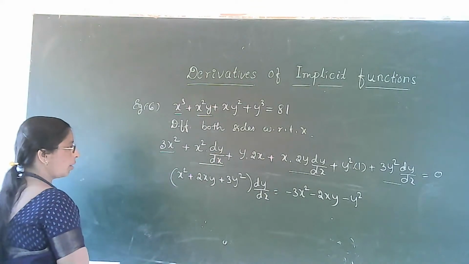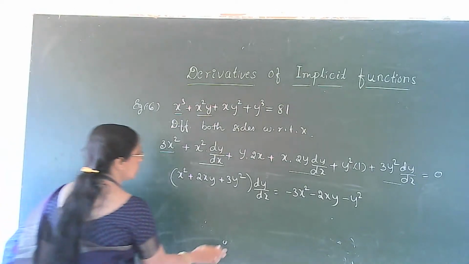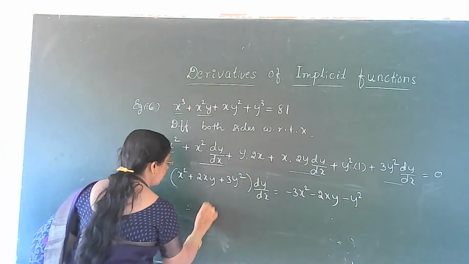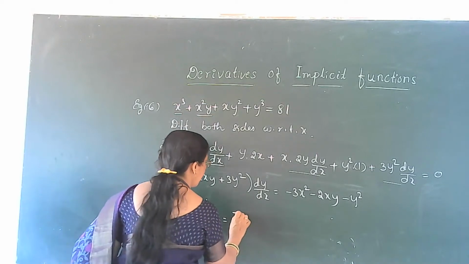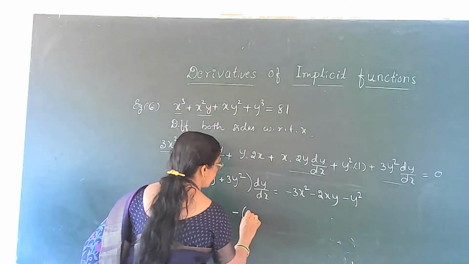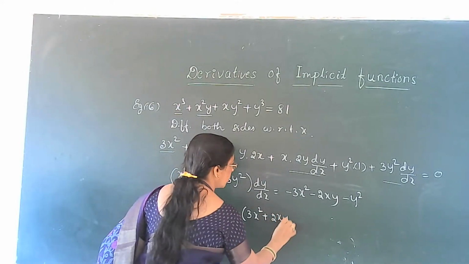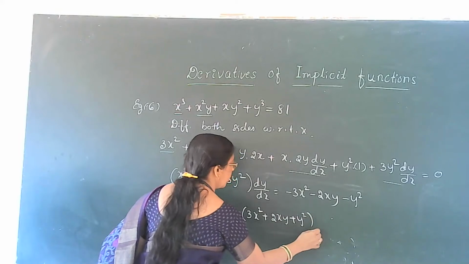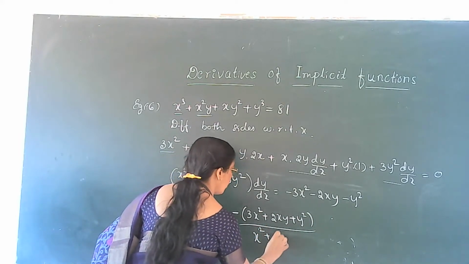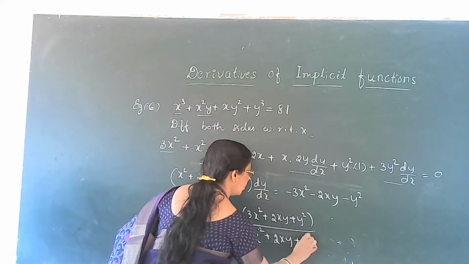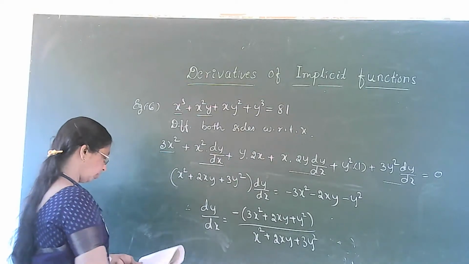Therefore, dy by dx is equal to, taking the minus sign common, minus 3x square plus 2xy plus y square divided by x square plus 2xy plus 3y square is the answer.